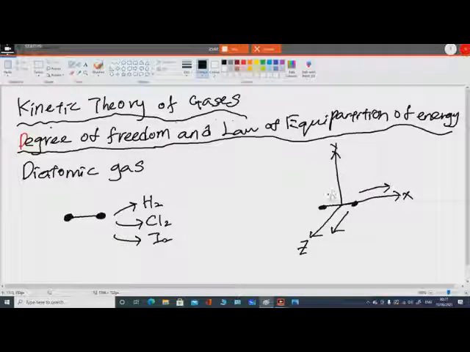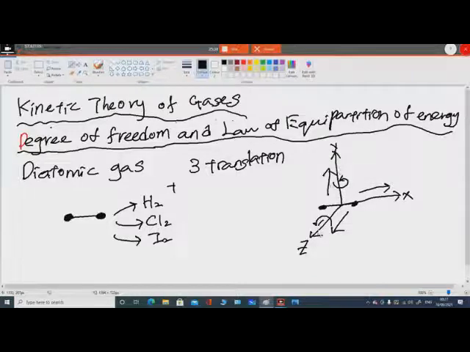So we have three translations. Plus, we can see that there are two rotational motions, which are along the y direction and z direction.